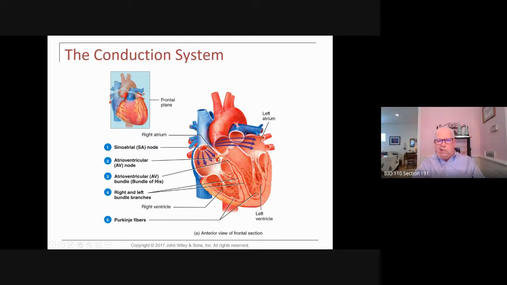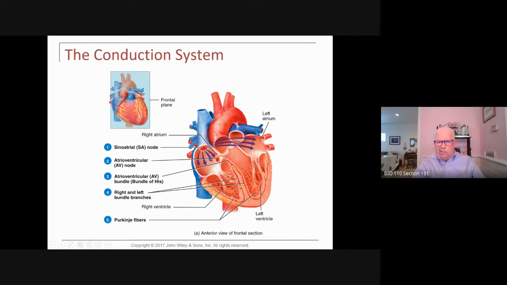The conduction then goes through the AV bundle, also known as the bundle of His, H-I-S. It then branches out into the septum, which is known as the bundle branches.